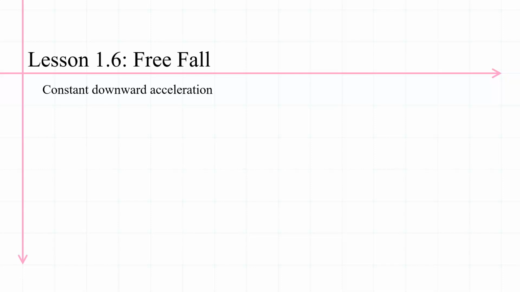The air particles collide and resist the motion of anything that's moving. Free fall is a model that we use where things move downward with constant acceleration and are only affected by the pull of gravity.